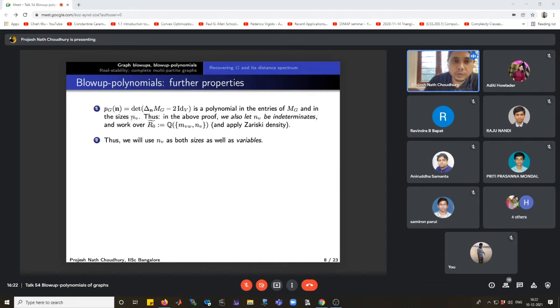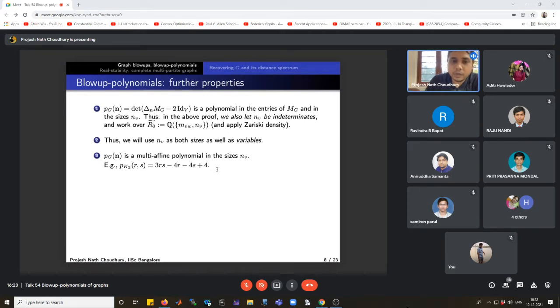We put in the paper this formula for PGN, and we also proved this. The PGN is a function of sizes. So from now onwards in my talk, we will use N to denote both sizes as well as variables. So what I said, PGN is a multi-affine polynomial in the sizes.